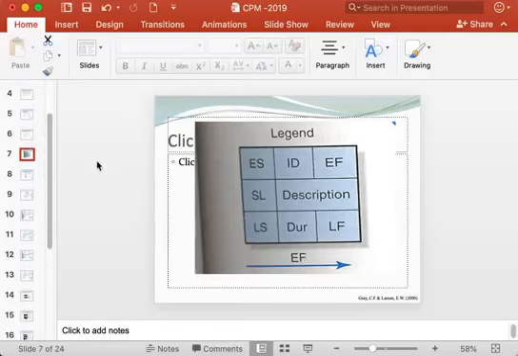Okay, so in order to start constructing an activity on node network, first you need to understand this legend, and then you have to use it.